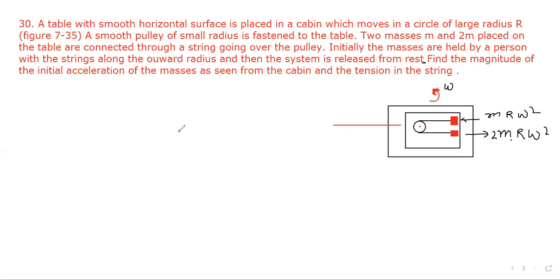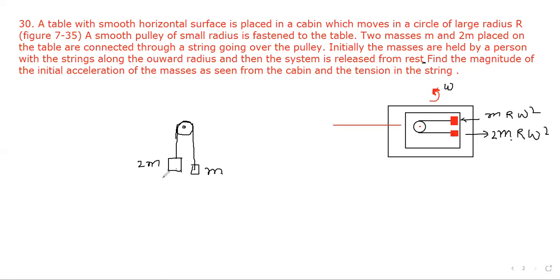So let's analyze it in this way. Now we draw the pulley here, and we keep one mass here. Suppose this is 2m, and this is m. Here, you don't have to consider the effect of gravity, because this situation I have turned like this.